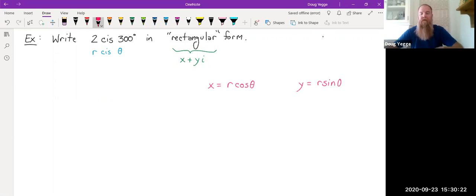So if I want to find those x's and y's separately here, then that just simply means that I've got to rewrite this as 2 cis 300, which is the same thing as saying 2 times cosine of 300 degrees plus 2i times sine of 300 degrees.